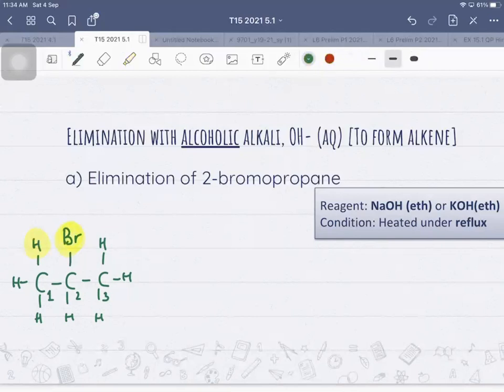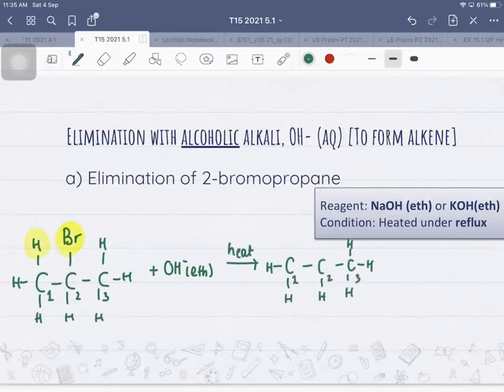That means if I react it with hydroxide ion in ethanol, okay, you can write it down as ETH, no problem, ethanol. And then you treat it with heat under reflux. So then you would have lost 1 bond from each carbon 1 and carbon 2. Okay, so in order to make carbon 1 and carbon 2 have 4 bonds, you need to form a double bond.